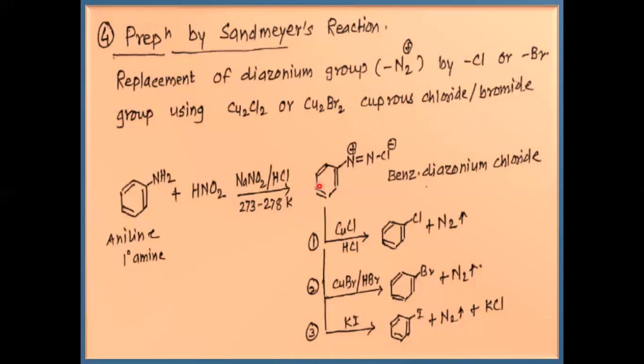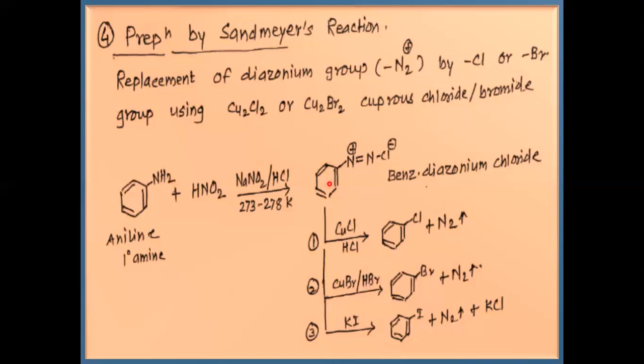It gives benzene diazonium chloride, C6H5-N+≡N Cl-. So when this benzene diazonium chloride reacts with cuprous chloride in presence of HCl, it gives chlorobenzene, and nitrogen gas is liberated. If this benzene diazonium chloride reacts with copper bromide and HBr, it gives bromobenzene.